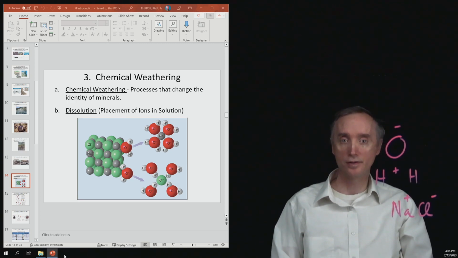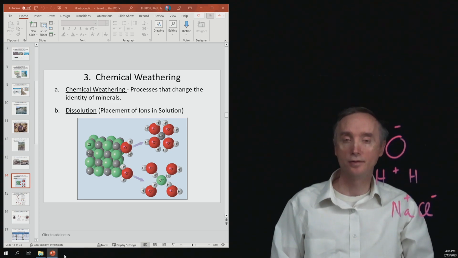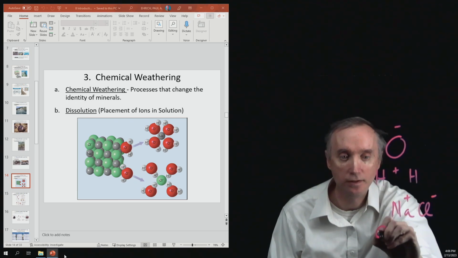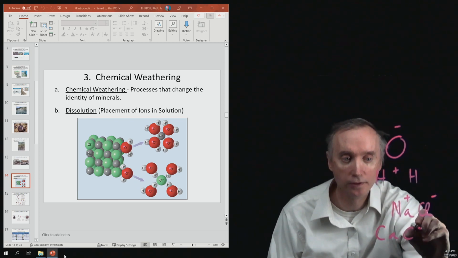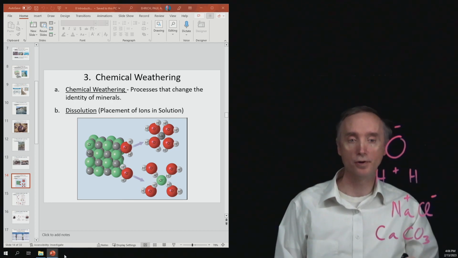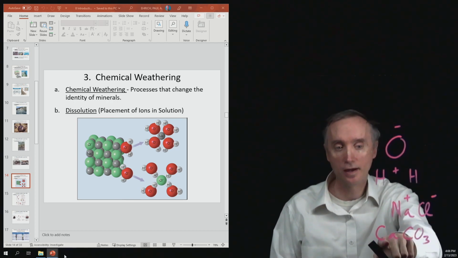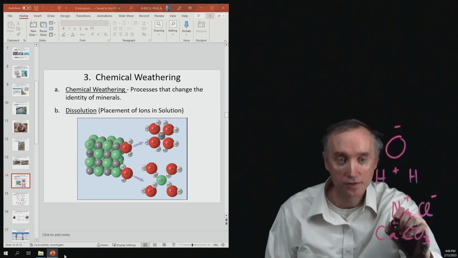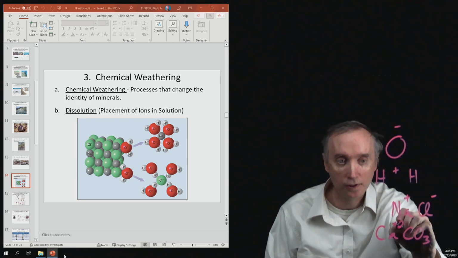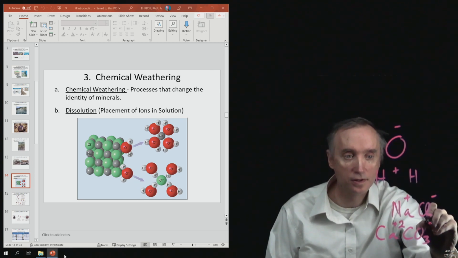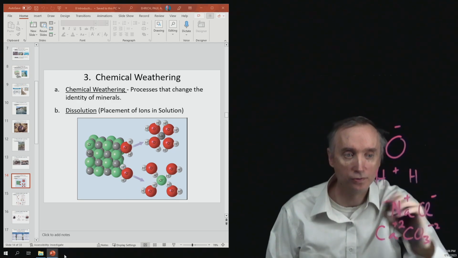Another example of this is calcite, which is calcium carbonate. If you look in your periodic table of elements, calcium is in column 2, so it's a +2. And the carbonate part is a -2.